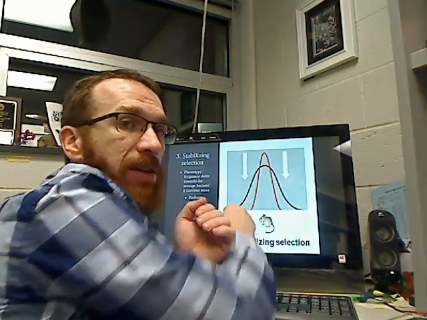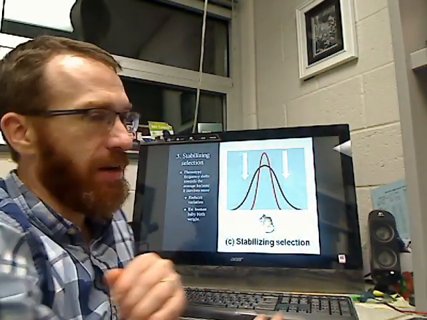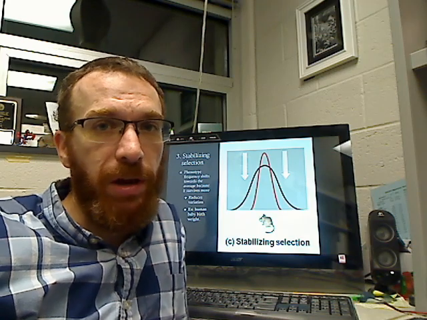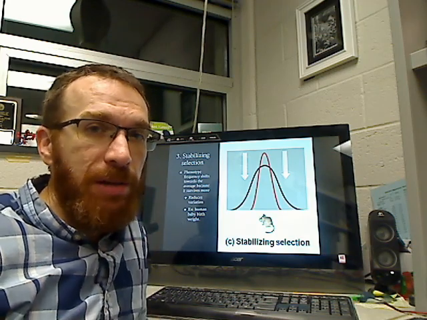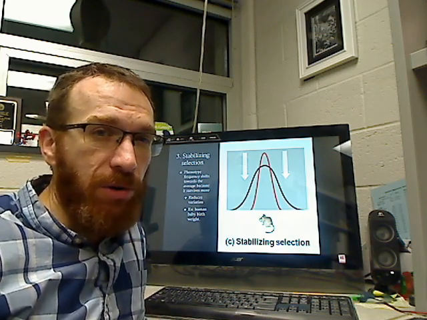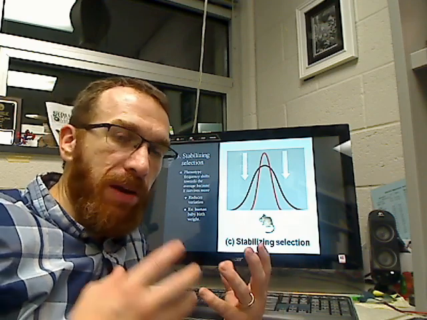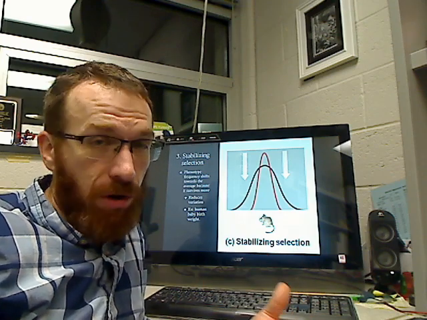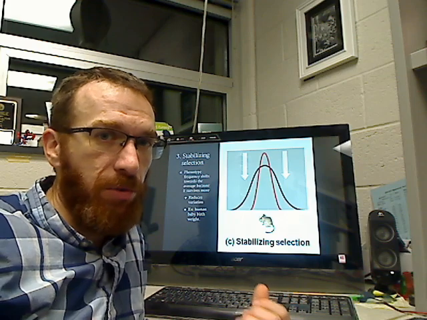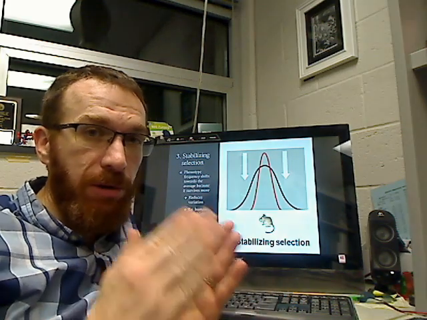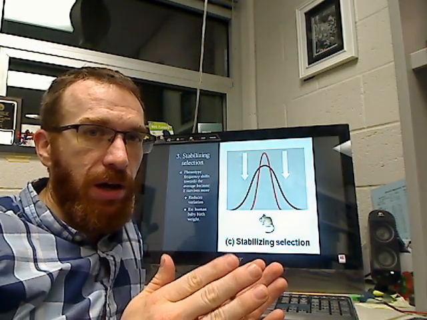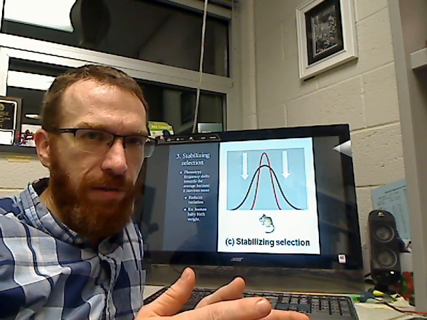Notice you're losing that tail and that tail. An example of this is human baby birth weight. Heavier babies are more likely to die if they're overweight when they're born. And then, of course, underweight babies are also more likely to die. But babies that are in a middle weight range usually survive at a higher rate.